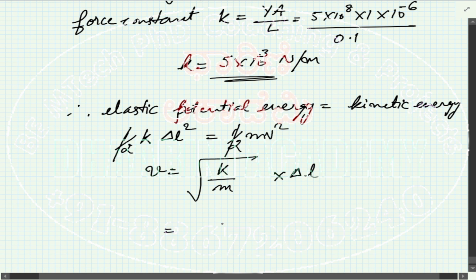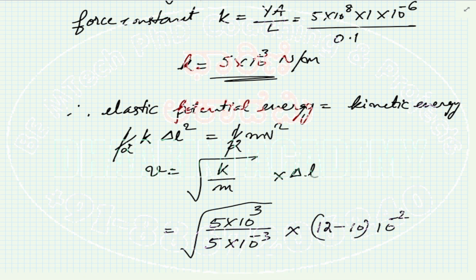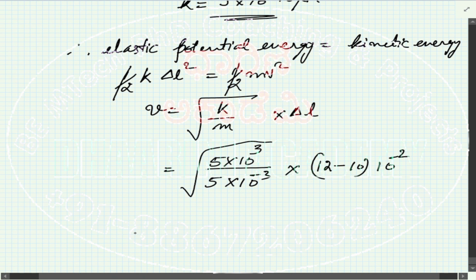So k is 5 into 10 to the 3. m is 5 grams, so 5 into 10 to the minus 3. This whole under root, multiplied with the delta L. Delta L is nothing but 12 minus 10 centimeters, so this is 2 into 10 to the power minus 2. Okay, let's substitute this value in the calculator.